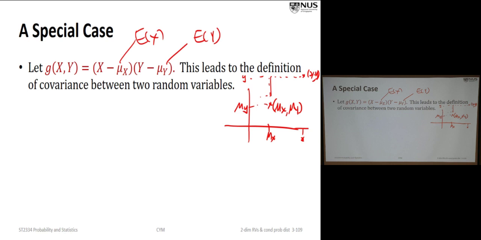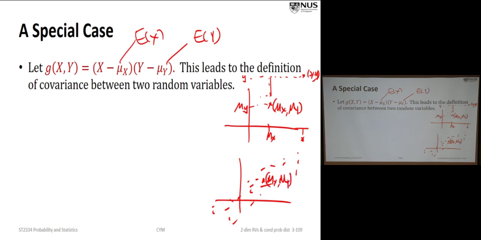Now suppose all my points are like that. Then mu x, mu y may be, let's say, somewhere here.